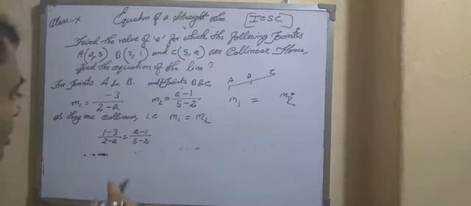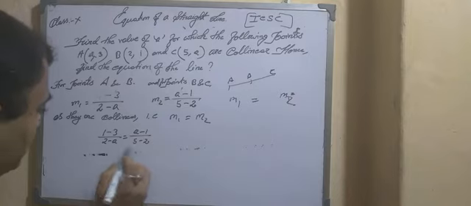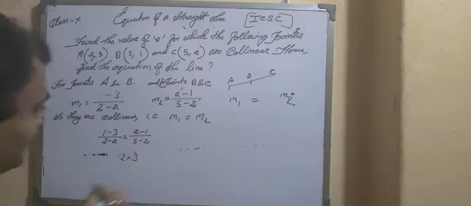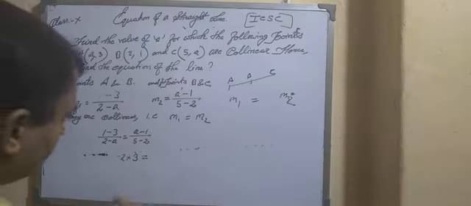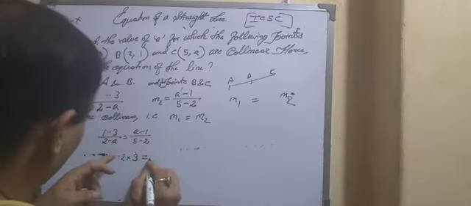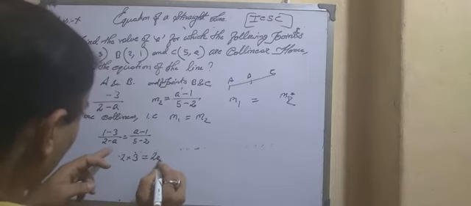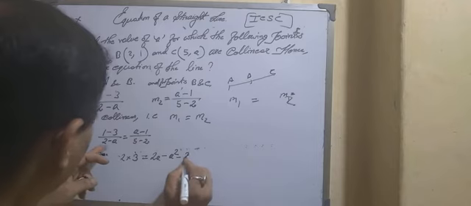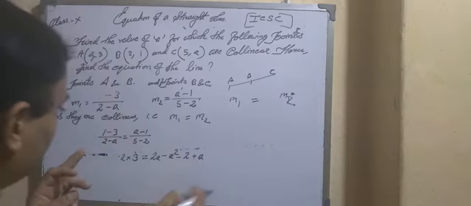Doing the cross multiplication here, minus 2 into 3 equals 2a minus a square minus 2 plus a.